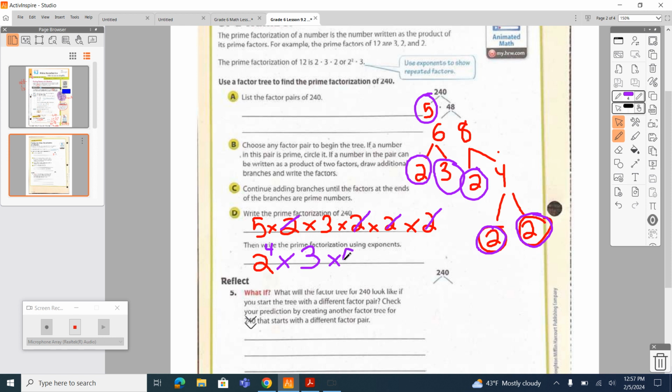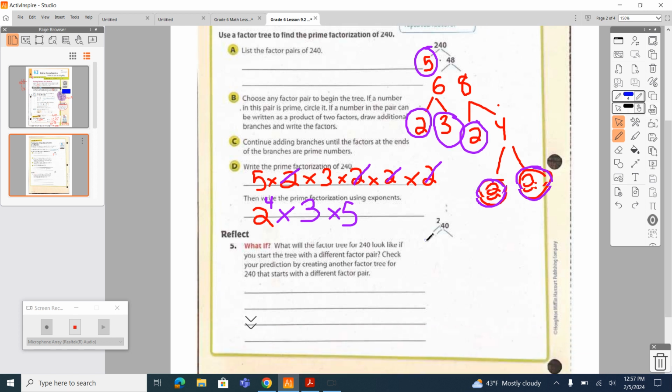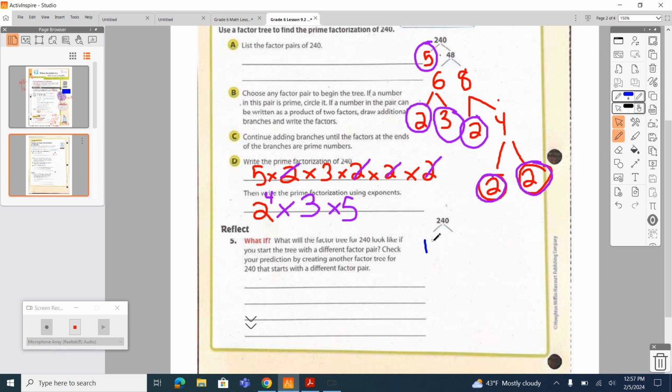So now they say, what if I'd started the tree differently? Let's see what would have happened. So you could have done anything. I'm going to do 10 and 24. Neither of those are prime numbers. But 10, two numbers that multiply to 10 are 5 and 2, remember, you don't want to use 1.